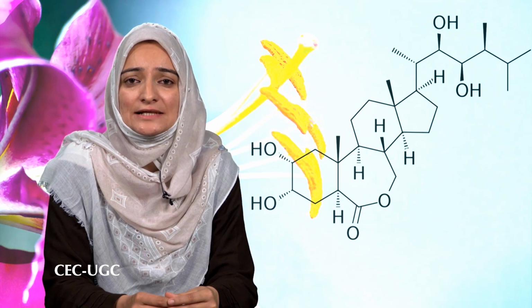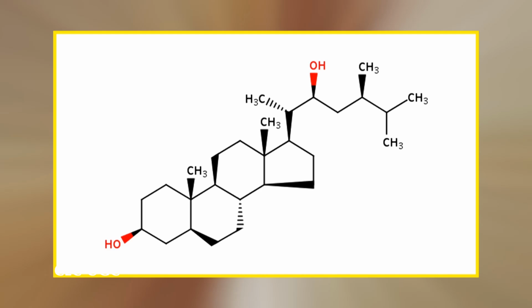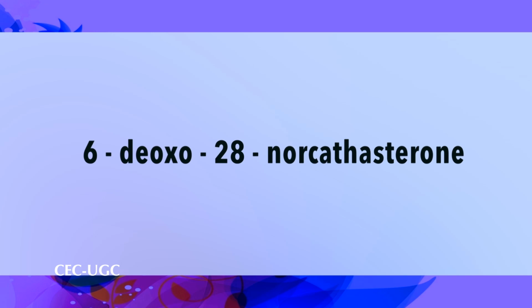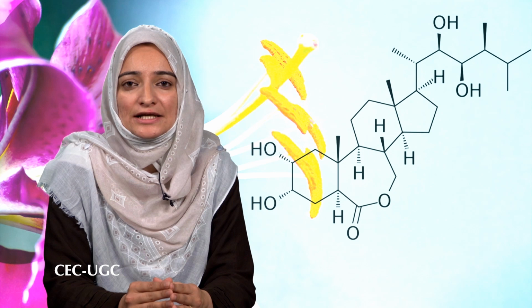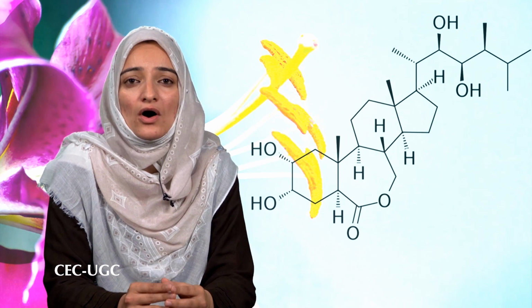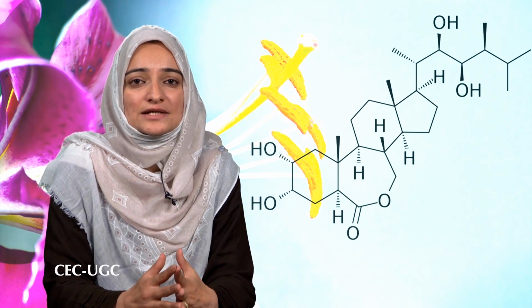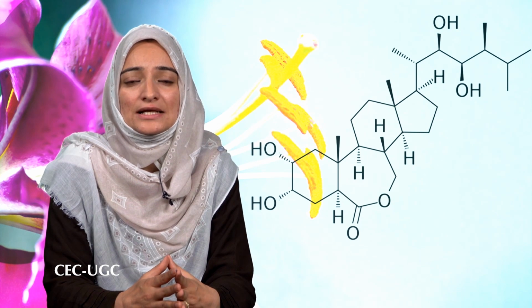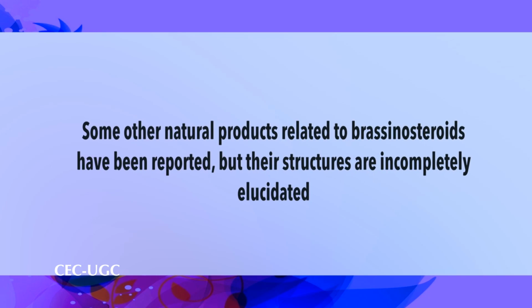Some of the biosynthetic precursors of the brassinosteroids, such as cathasterone, 6-deoxocathasterone, 3-epi-6-deoxocathasterone and 6-deoxo-28-norcathasterone, as well as catabolites such as cryptolide, are in some instances considered brassinosteroids themselves, but they do not fulfill all the structural requirements. Some other natural products related to brassinosteroids have been reported, but their structures are incompletely elucidated.